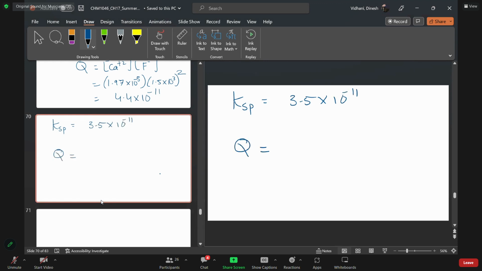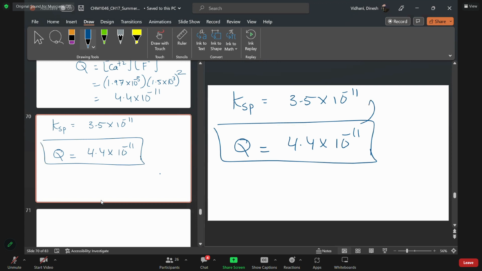Q, which is the concentration of actual calcium and fluoride at that particular instant, the product, is 4.4 times 10 to the power negative 11. So Q is greater than KSP. That means equilibrium will be shifted to the left side. You have more ions than the solution can handle.